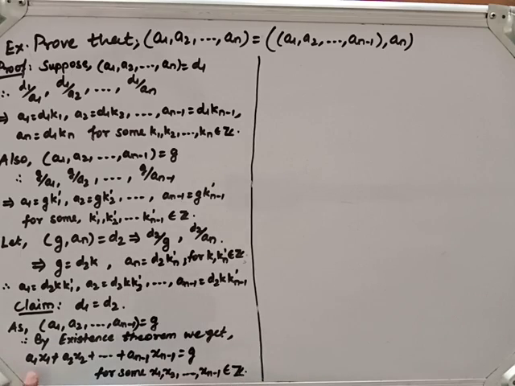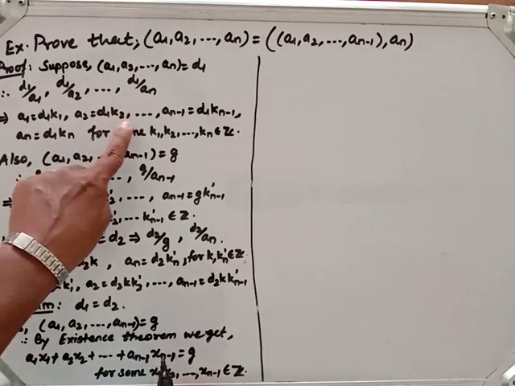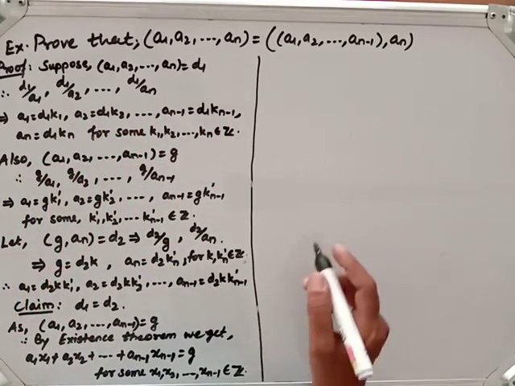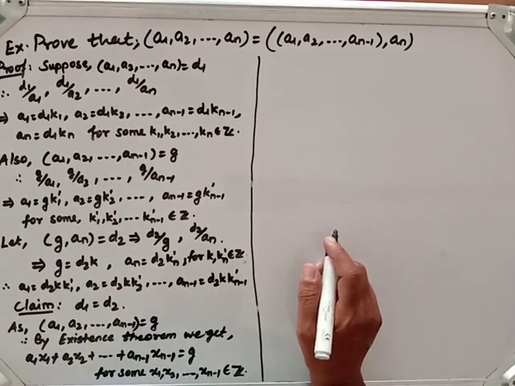Now let us substitute the values of a1 up to an-1. So a1 is equal to d1 k1, a2 is d1 k2, and so on up to an-1 is d1 kn-1 respectively.